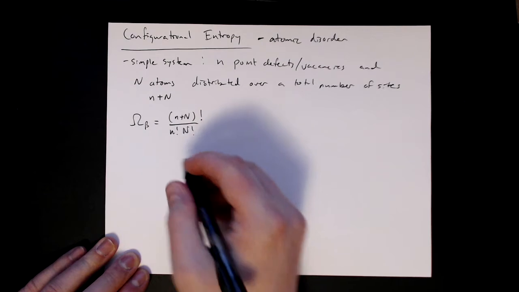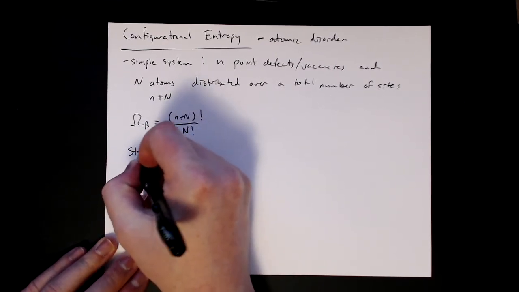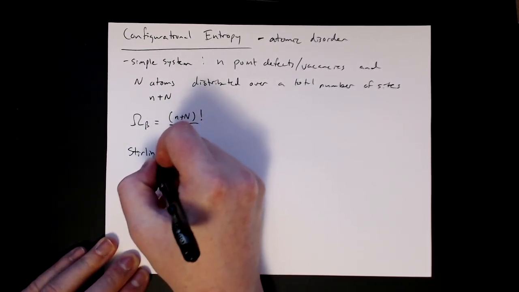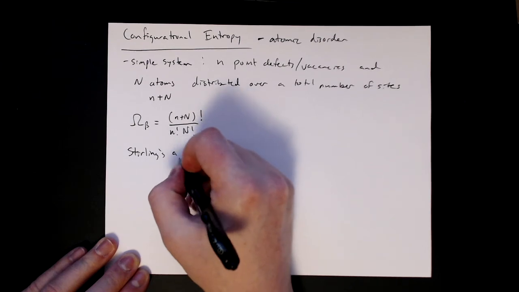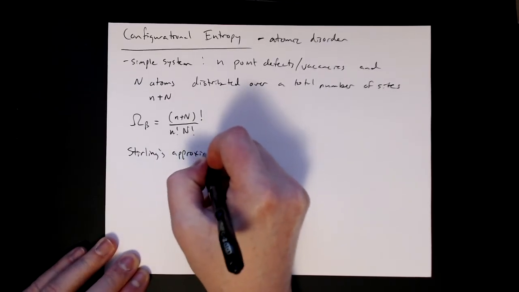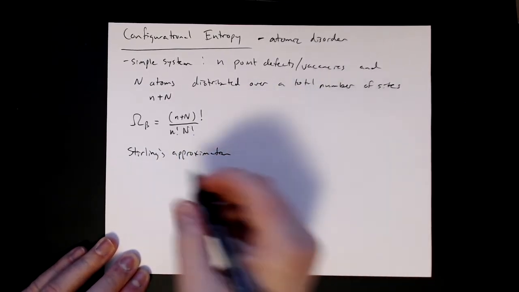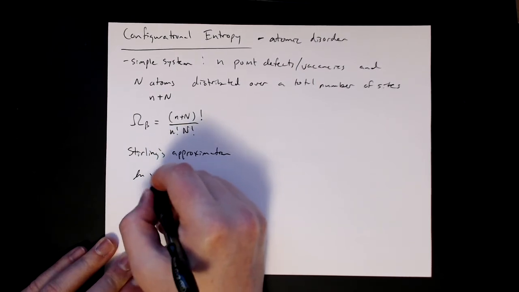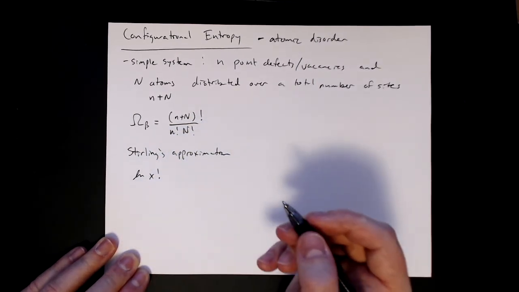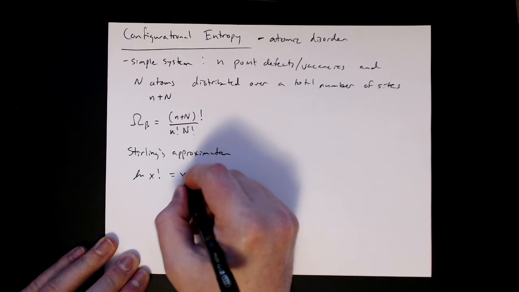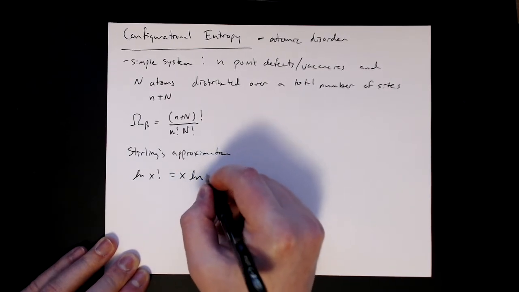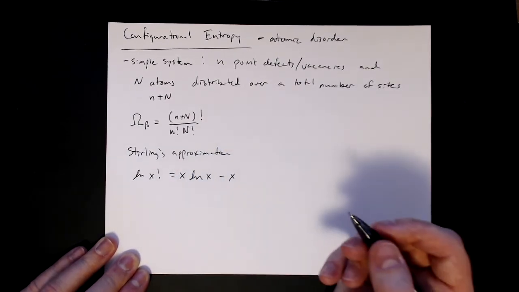So what we use is Stirling's approximation. And this says that the natural log of the factorial of x is equal to x natural log of x minus x.